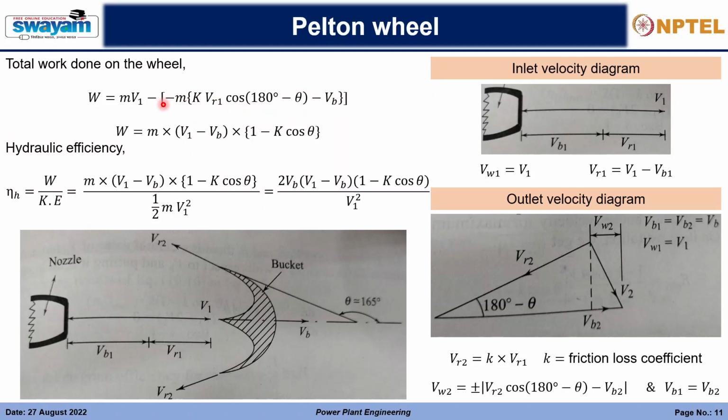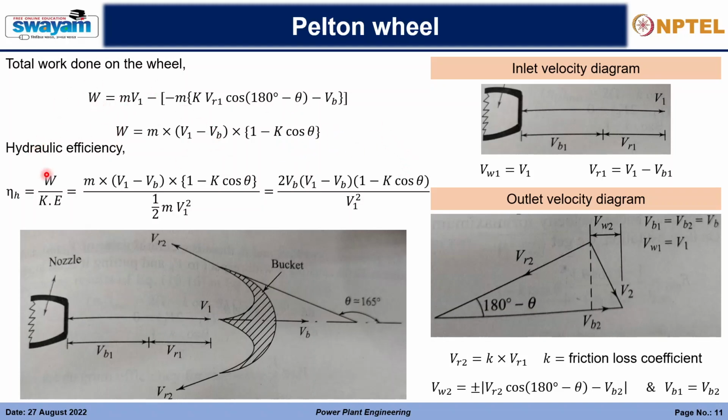Since the whirl component at the outlet is directed, suppose we assume, in the opposite direction of the v1, we'll have to have a minus sign out here, so the total effect will be positive, and this is the total force here.